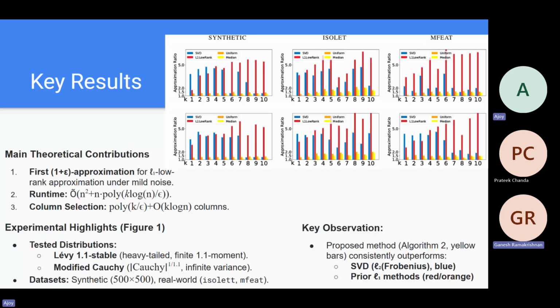You're talking about median or even L1 low rank? What is being plotted here is the approximation ratio. Median is pretty poor, is it? Acha, median is poor.